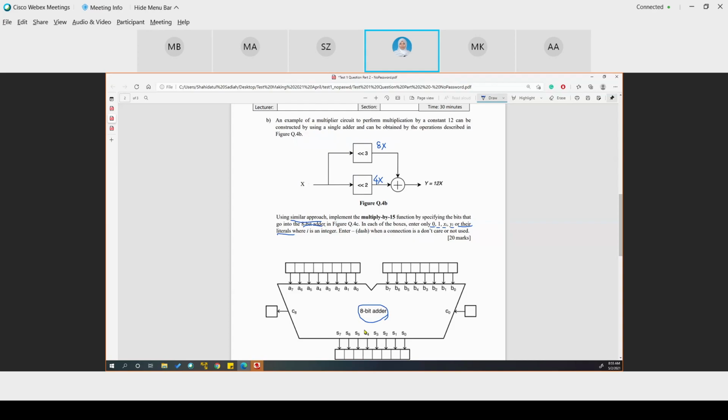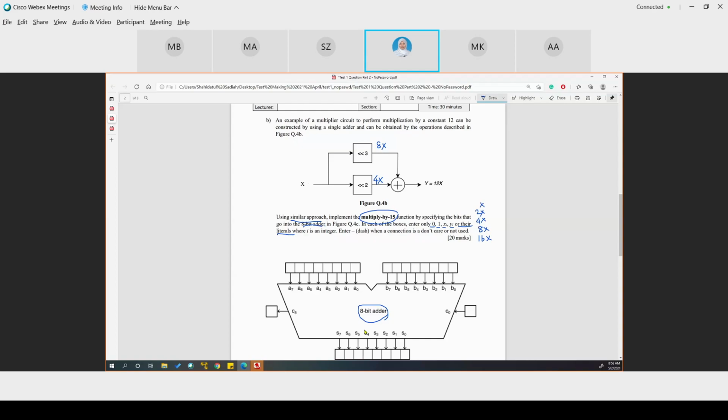Alright, so we want to do multiply by 15, and what we know is we can find x, 2x, 4x, 8x, 16x, and that's all. That's the biggest, because it's 8-bit, so we can shift a maximum of 4 times.